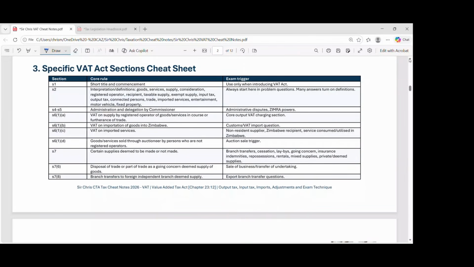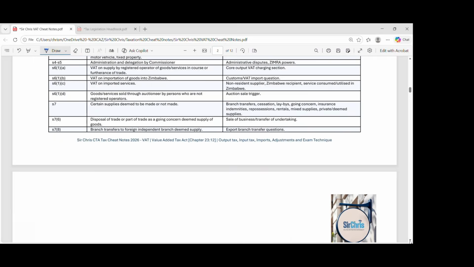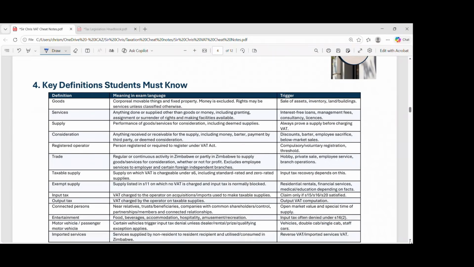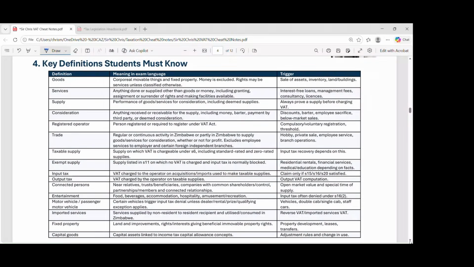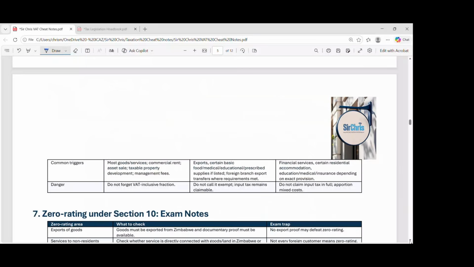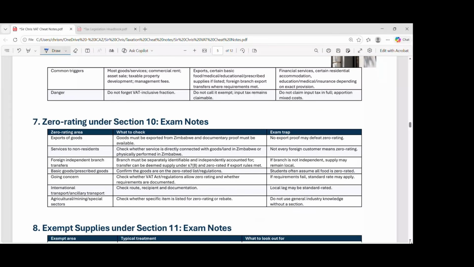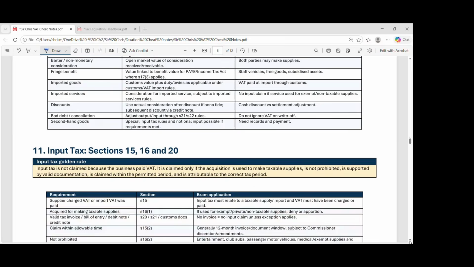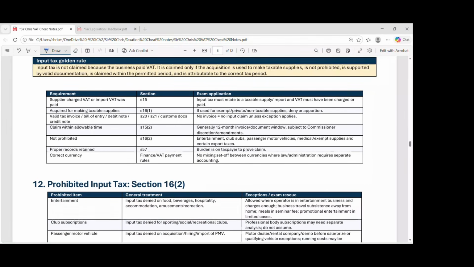Section 6.1a, 6.1b, section 6.1c in detail. But this one, then disposal, etc. So the key definitions for VAT are also important. But for the purpose of exams, Tim, what's crucial is the mind map I've discussed with you.